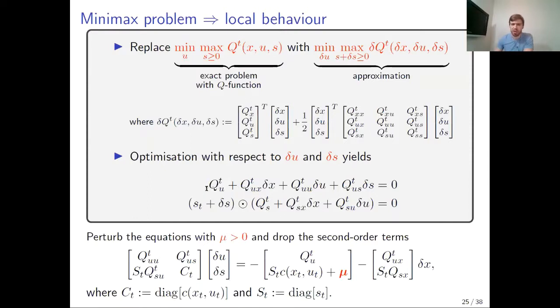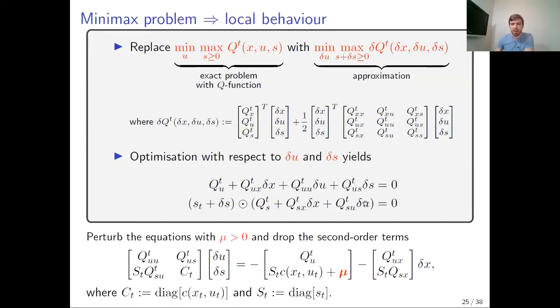So the first set of equations is just the unconstrained minimization condition, while the second is a complementarity condition. So it's either the gradient with respect to S, delta S, is 0, or the dual variable itself is 0. This is an element-wise product.